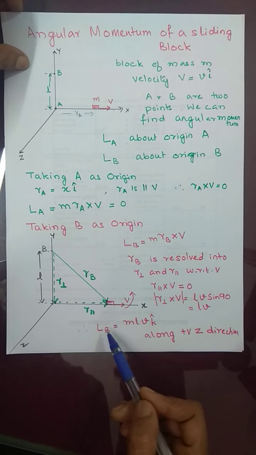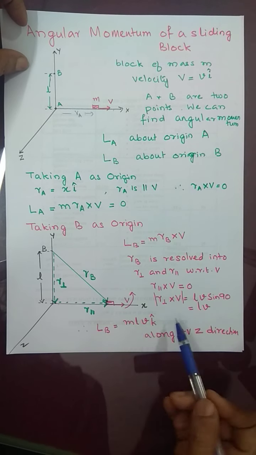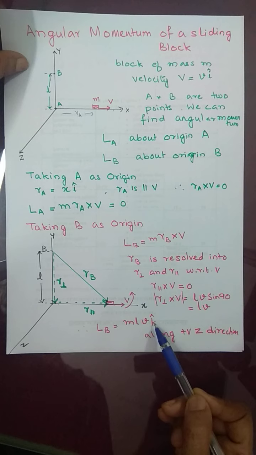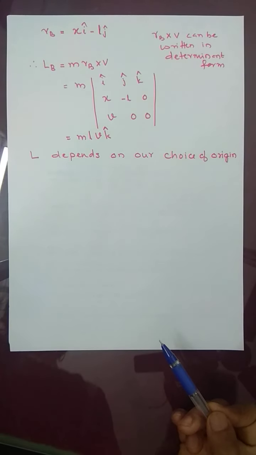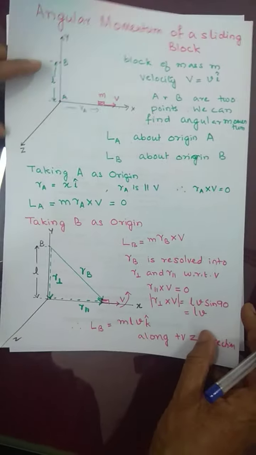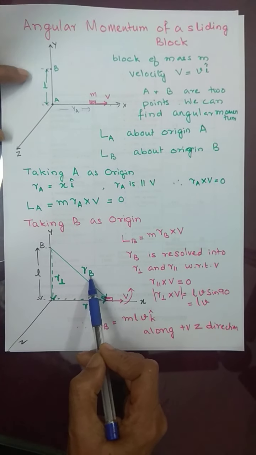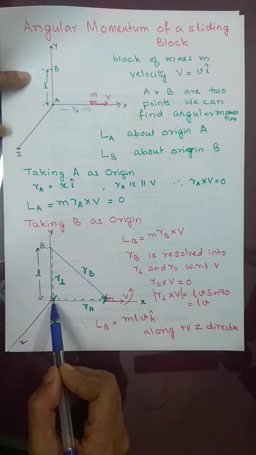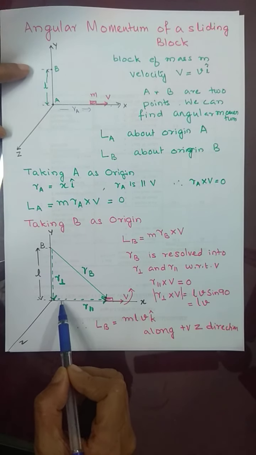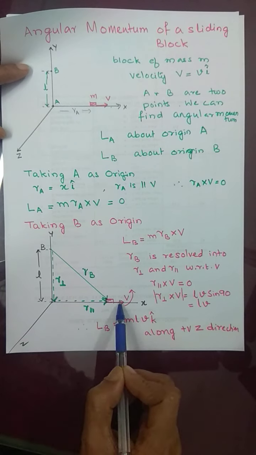So angular momentum LB is equal to m L V k cap. I can also resolve this position vector RB in terms of x and y coordinates.